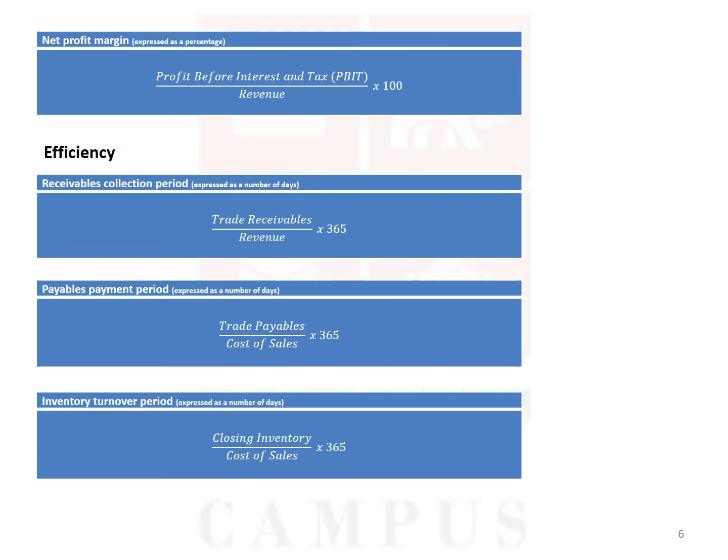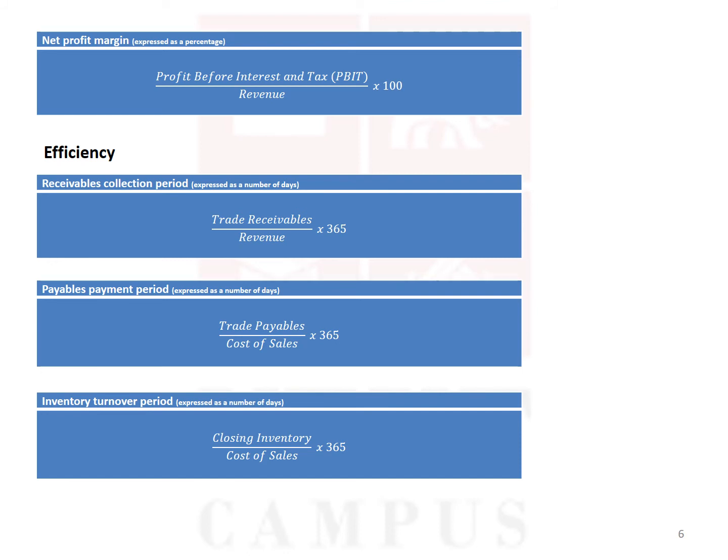Now, inventory turnover period. Inventory turnover period means how long the inventory is there in the company's warehouse. How long the inventory will be stored at the warehouse. So closing inventory divided by cost of sales into 365. All these ratios, receivables collection, payables payment and inventory turnover period, are computed as number of days.